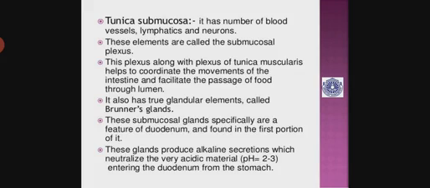And these submucosal glands specifically are a feature of the duodenum and are found in the first portion of it. These glands produce alkaline secretions which neutralize the very acidic material, having a pH of 2 to 3, entering the duodenum from the stomach.